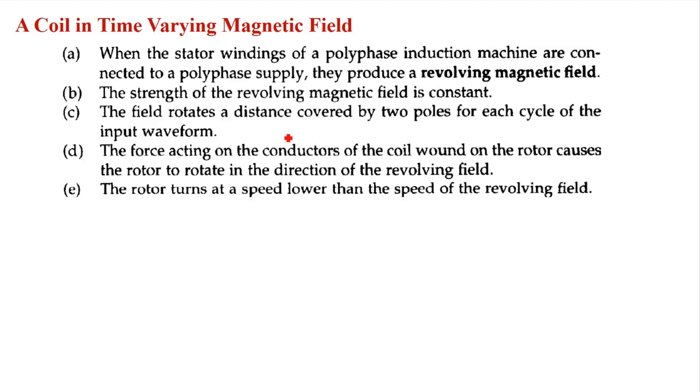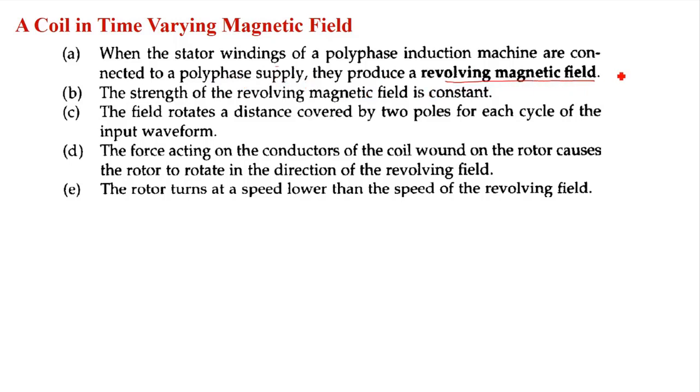Okay. So now we can see a few facts. We'll take them and understand this, because this principle of time varying magnetic field is being used in machines like induction machines, right? Induction motors, induction generators. When the stator winding of a polyphase induction machine is connected to a polyphase supply, it produces a revolving magnetic field.